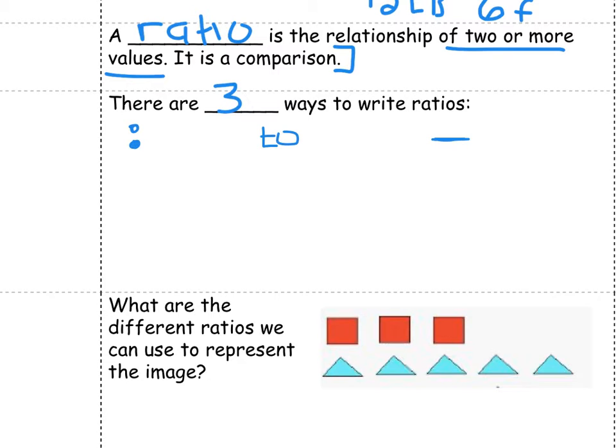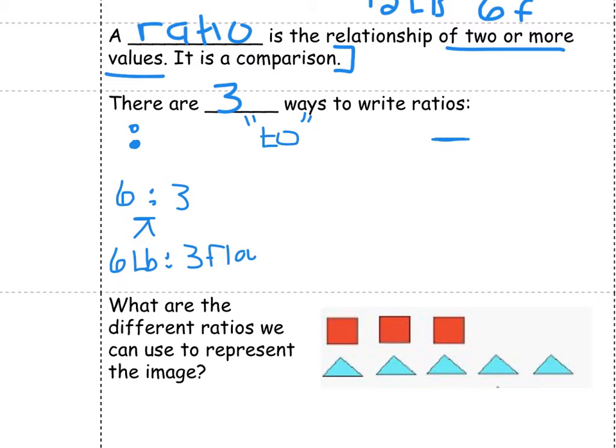So we have 6 ladybugs to 3 flowers. So 6 to 3. Even though this is a colon, we're still using that word to when we read it. So 6 ladybugs to 3. And we could be more specific and say 6 ladybugs to 3 flowers.